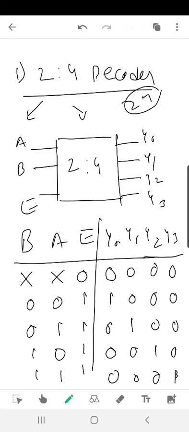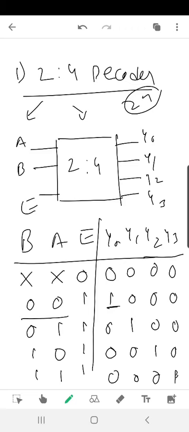When we talk about our expressions, as I have already told you, in case of active high, the expressions are written in minterm form, or we can say in the form of SOP, sum of product. In case of minterms or sum of product, 0 is always written in complemented form and 1 is always written in uncomplemented form. So when I talk about y0, the value of y0 is 1 at a equals 0 and b equals 0.